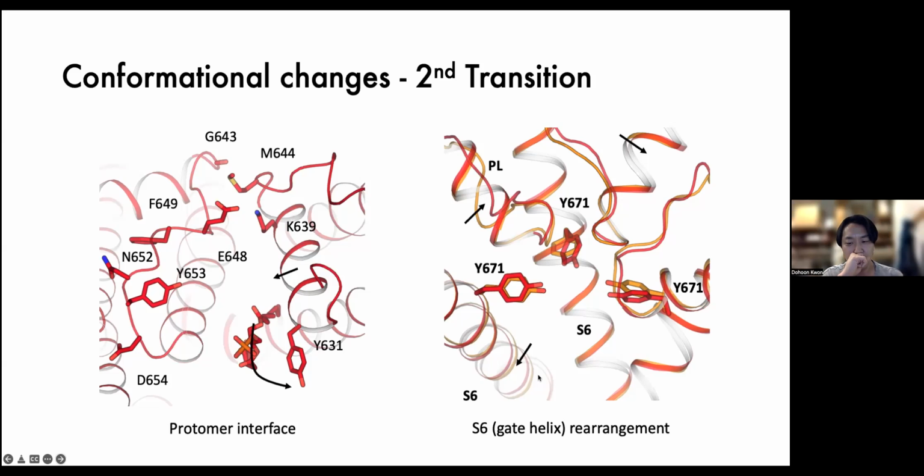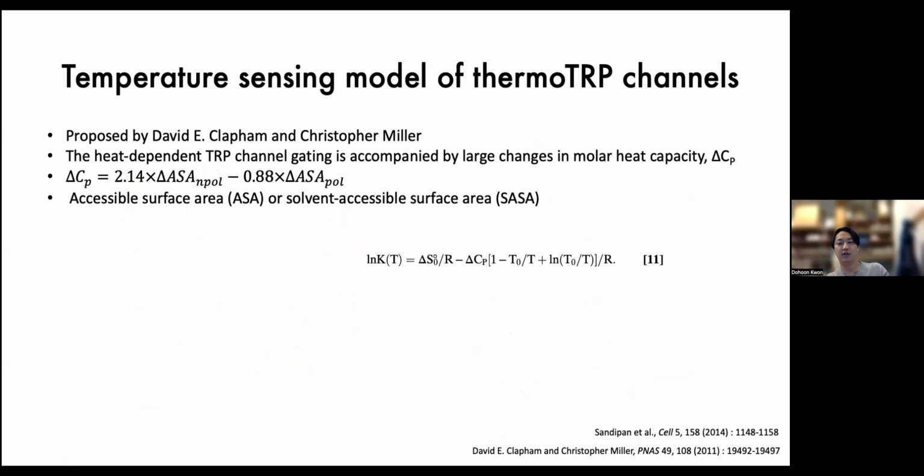And then we wanted to analyze the thermodynamic change during the heat transition. This is the background explanation. Actually, there are a lot of temperature sensing models of the thermo-TRP channel. Among them, the model proposed by David Clapham and Chris Miller is accepted as an established theory. According to this model, the heat-dependent thermo-TRP channel gating is accompanied by a significant heat capacity change, delta Cp.